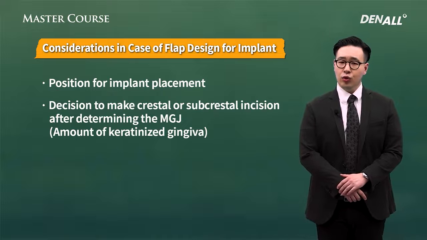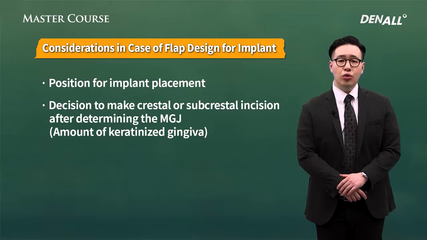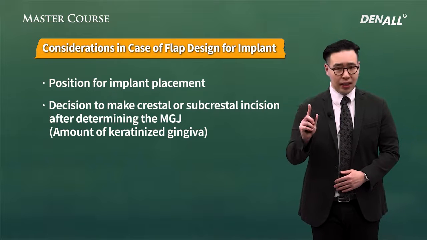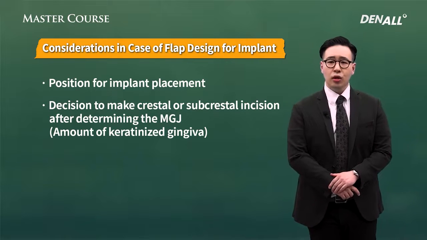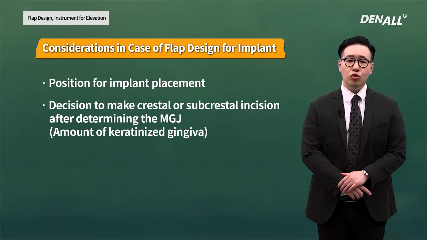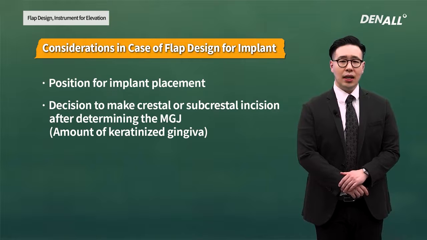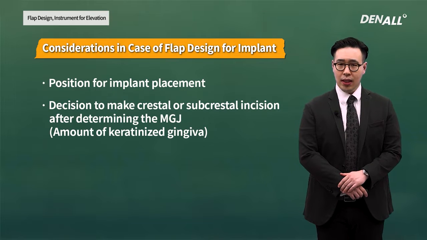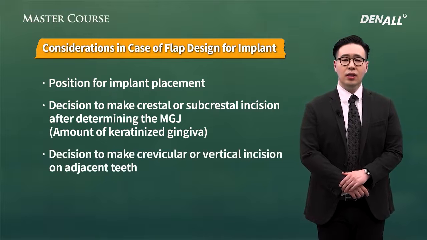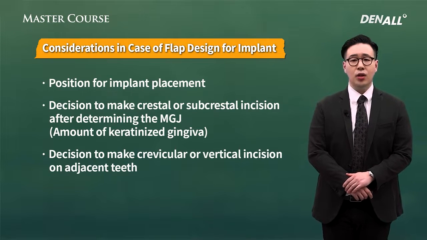The reason is you can prevent unintentional damage to the anatomical structure, and after that, suture after surgery becomes easier. Third, additional flap damage can be prevented. Appropriate position and appropriate length vertical incision needs to be made when you open flap, and I'm going to talk about this later.